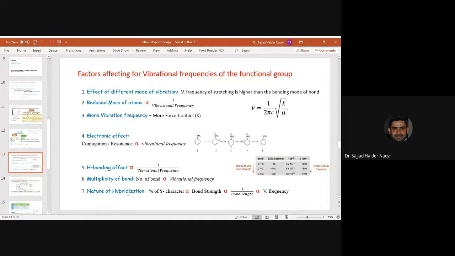In summary, reduced mass of atom is inversely proportional to vibrational frequency. Electronic effects like conjugation or resonance are directly proportional to vibrational frequency. Hydrogen bonding is inversely proportional. Then multiplicity of the bond is directly proportional, and nature of the hybridization is directly proportional to the vibrational frequency.